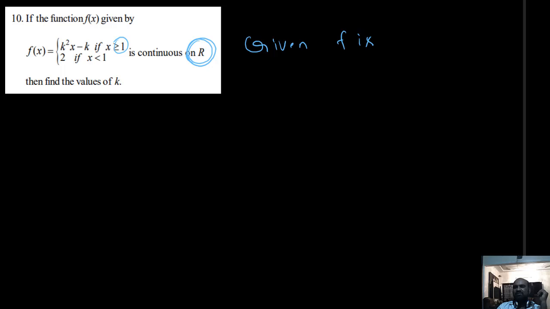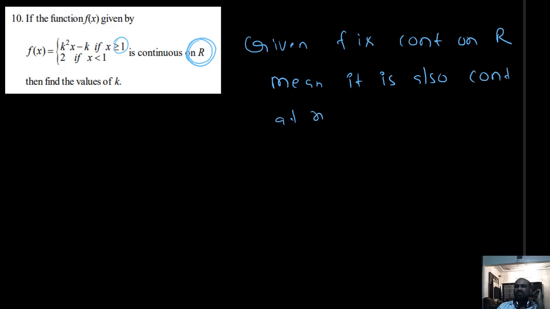f is continuous on R, which means it is also continuous at x equal to 1.